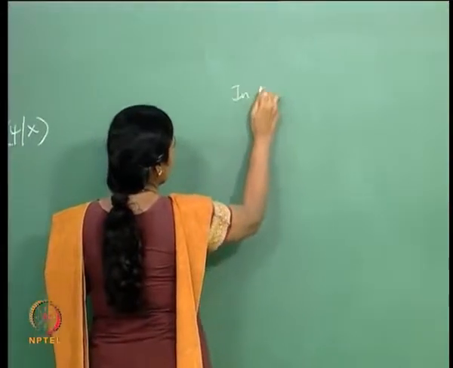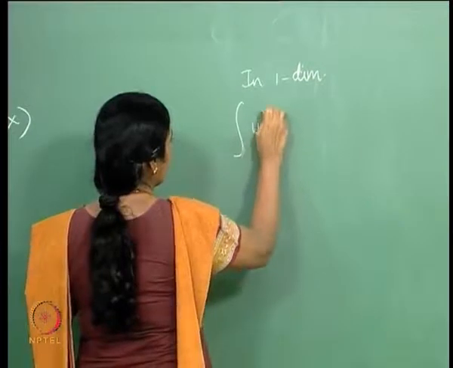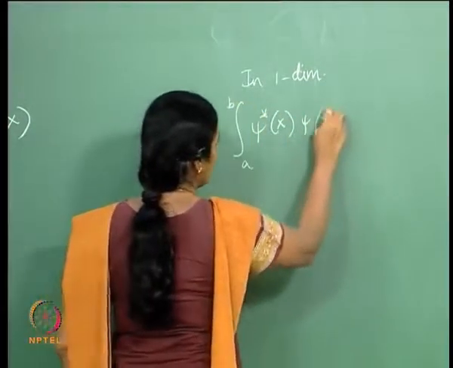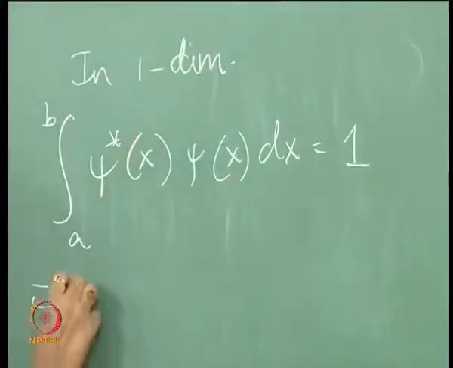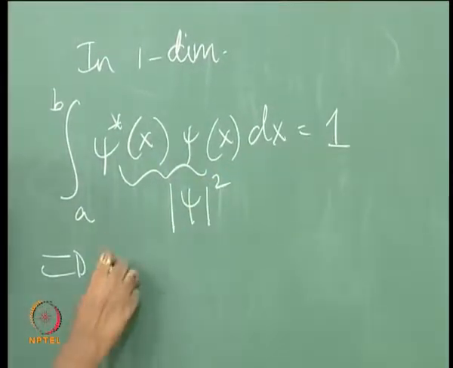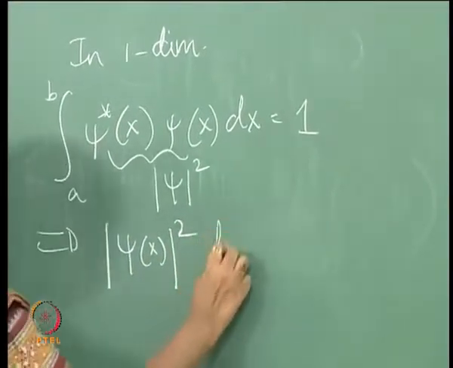In one dimension, the fact that integral psi star of x, psi of x, perhaps the range is a to b, dx is equal to 1 implies that this object mod psi squared has dimensions.